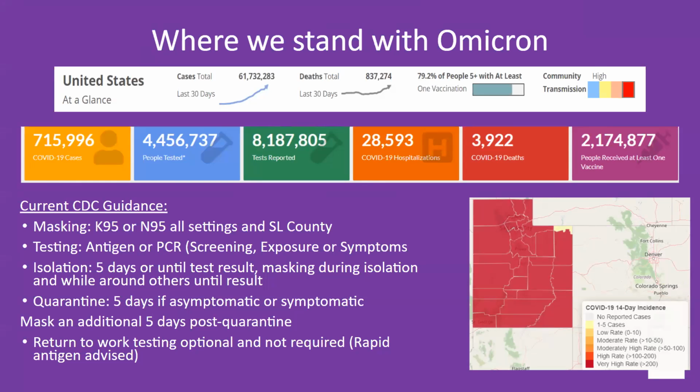Until February 7th, we have a mandate to wear a mask, and the respirator ones are the best kind. If you cannot find any at the store or you can't afford to buy one, they are giving them out at all the Salt Lake County libraries and senior centers, and I'll add the link in the chat.